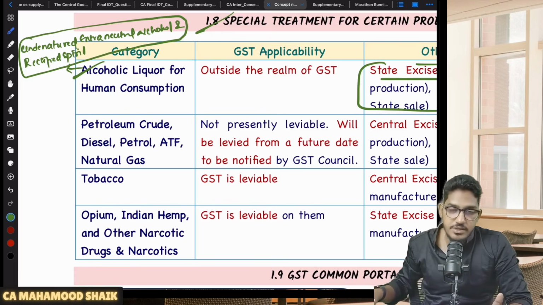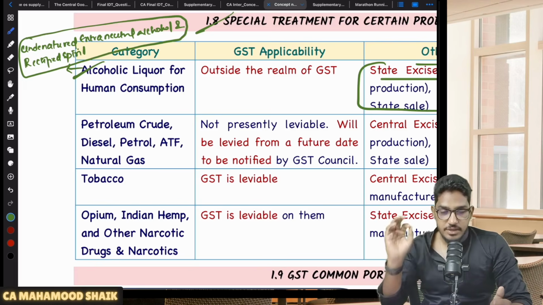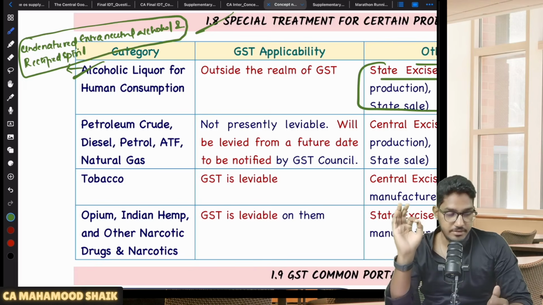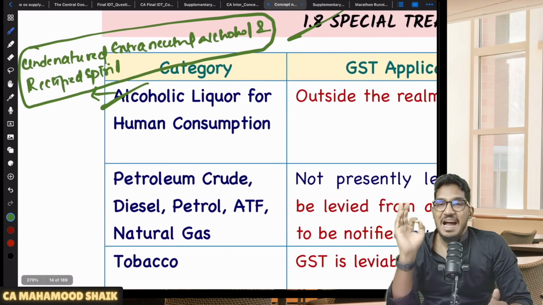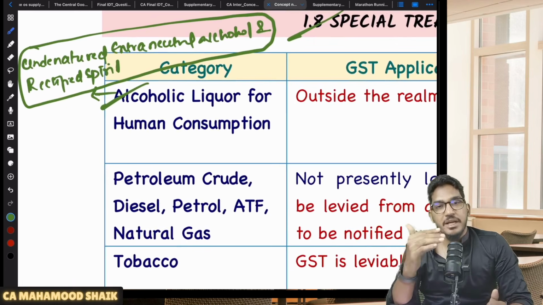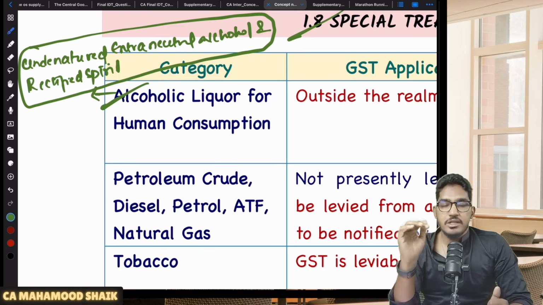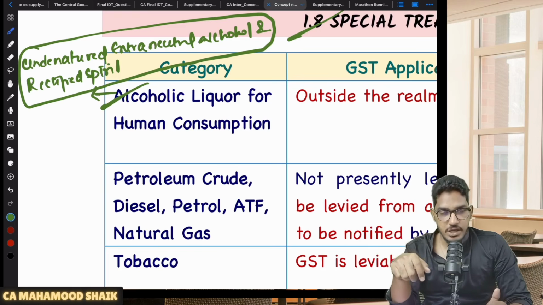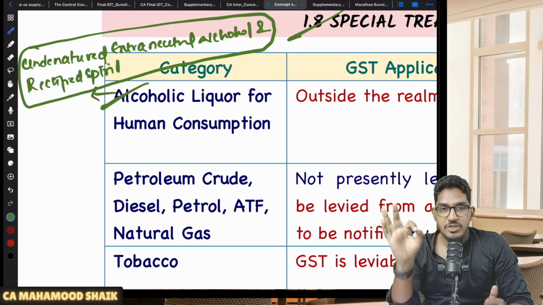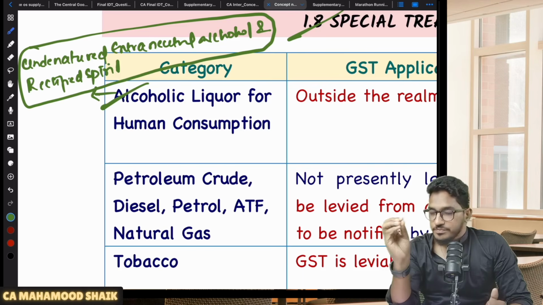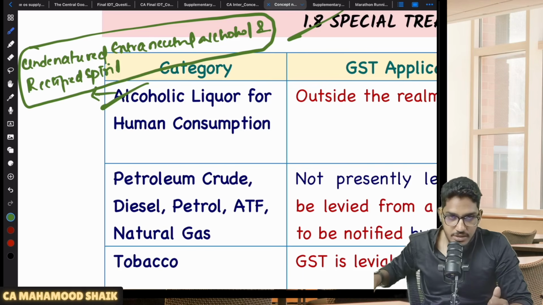Basically, these are raw materials for the purpose of manufacturing alcoholic liquor for human consumption. That is also kept outside of the GST purview.